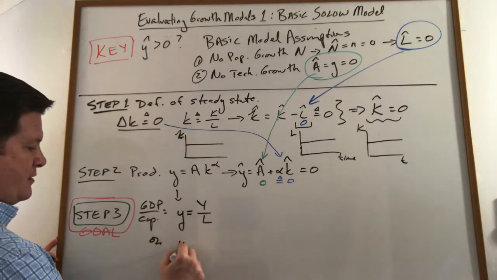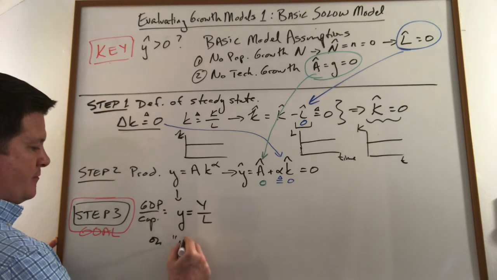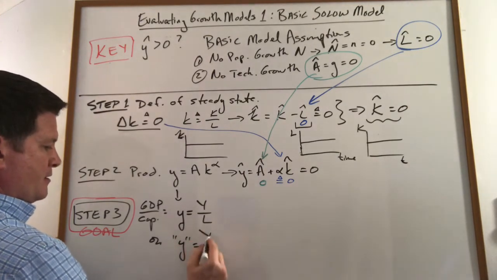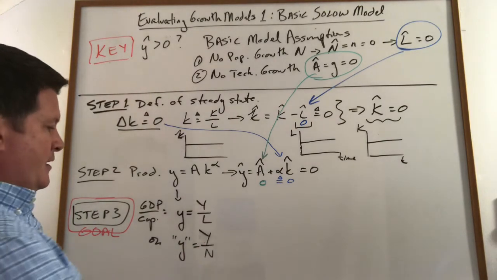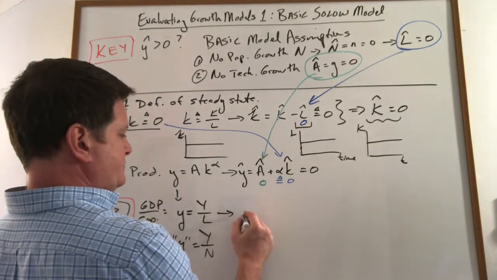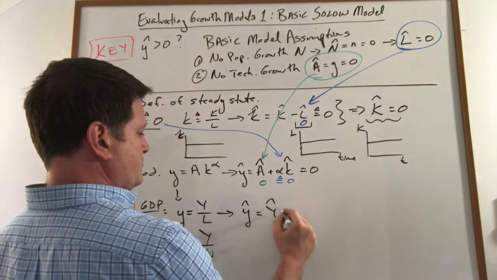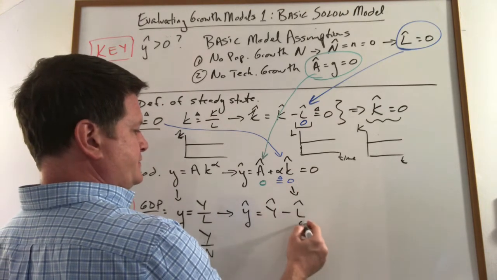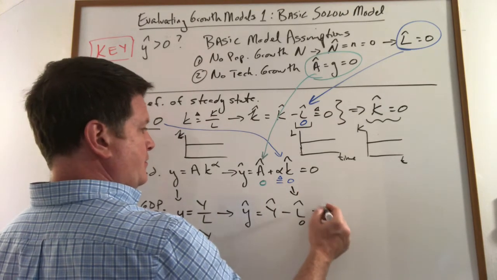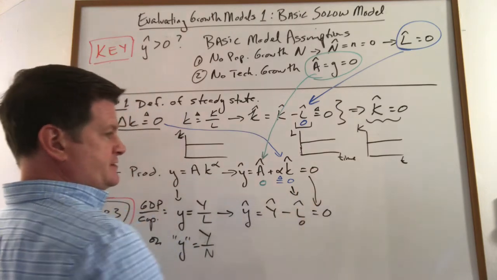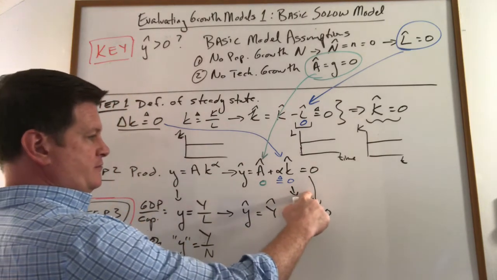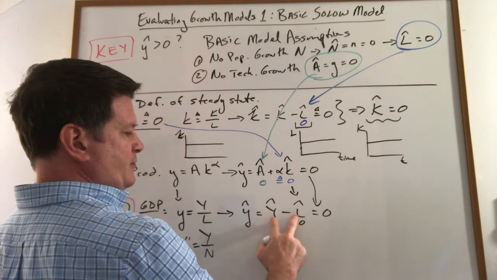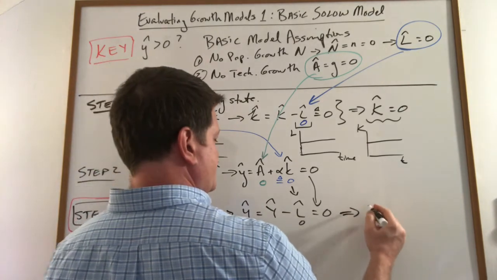Or if you want, I could do it over N. When I convert this to growth rates, we know from right here that this one's 0. We know from here that this is 0. The whole thing is growing at 0, right? That was our conclusion. So that means these two are growing at the same rates. That one is 0.